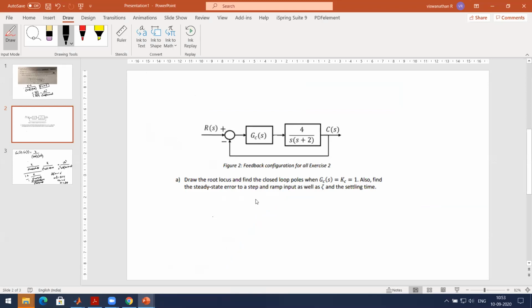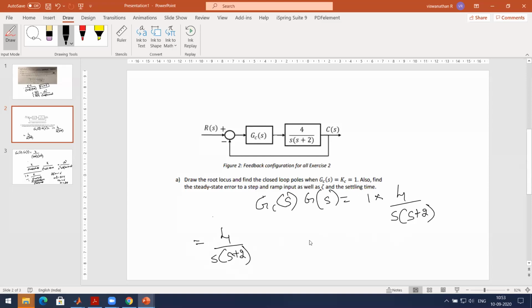We find GC of S into G of S, and then compare that with the closed loop transfer function. GC of S is 1. So 1 into G of S is 4 divided by S into S plus 2, which is nothing but the same thing.